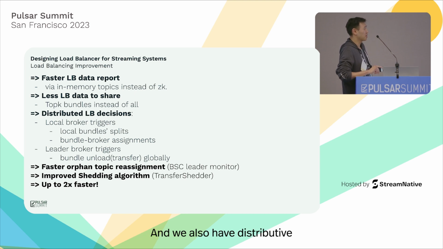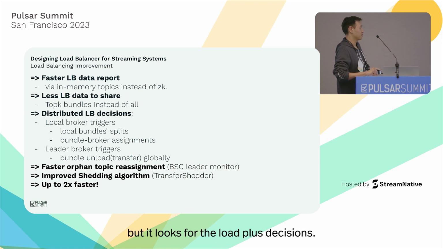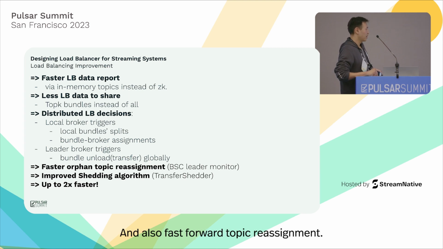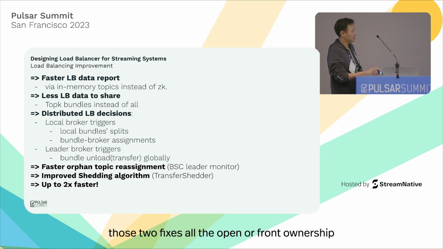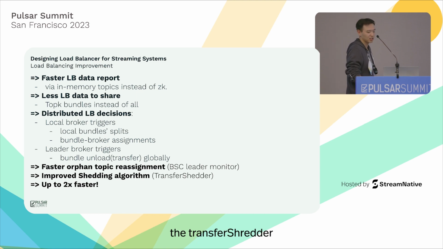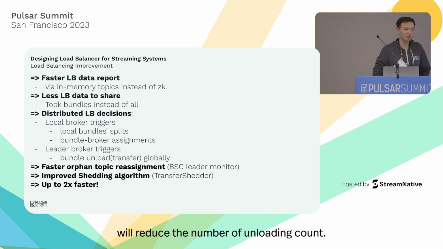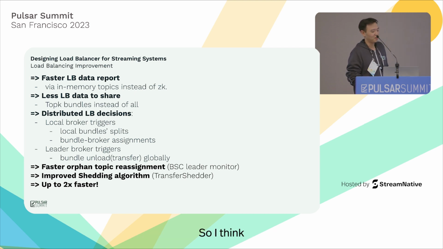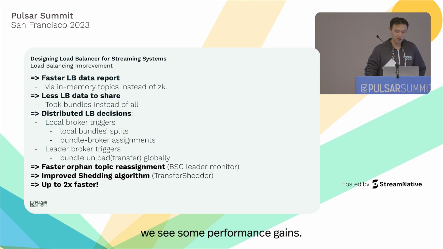We also have distributed load balance decisions, so the local brokers can now trigger splits and assignments themselves, and there are no leader broker bottlenecks. There is also faster orphan topic reassignment, since we have a monitor that fixes all the orphan ownerships. And we improved the shedding algorithm, where the transfer shedder reduces the number of unloads. With these improvements, we see the performance gains.